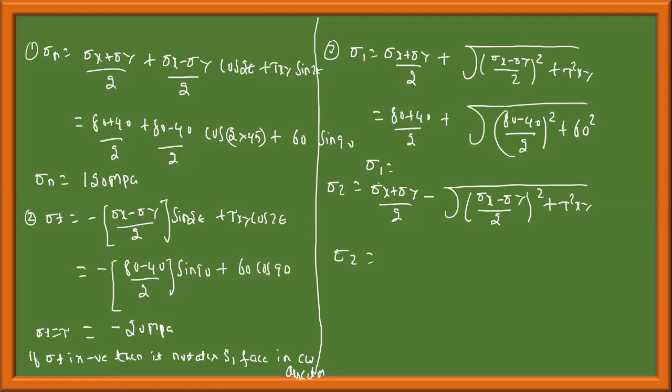Sir, sigma 1 is 123.245. Yes, 123.245 MPa. Sigma 2, shall I write directly? Minus 3.245, right?